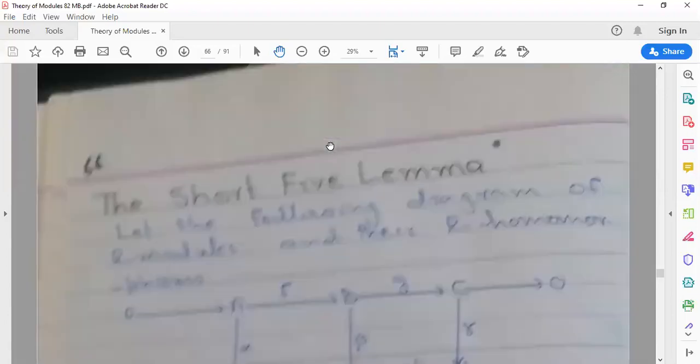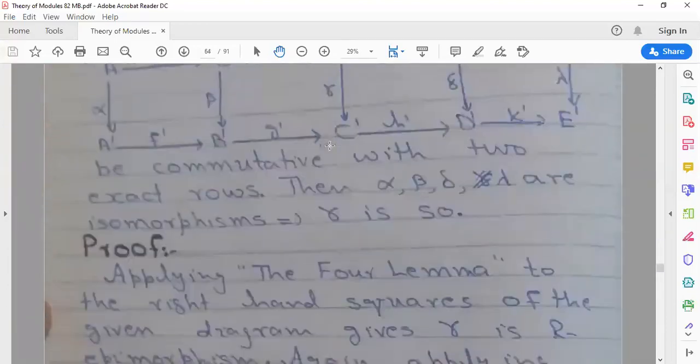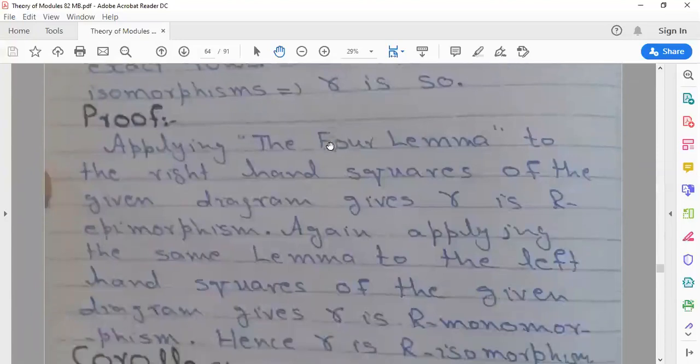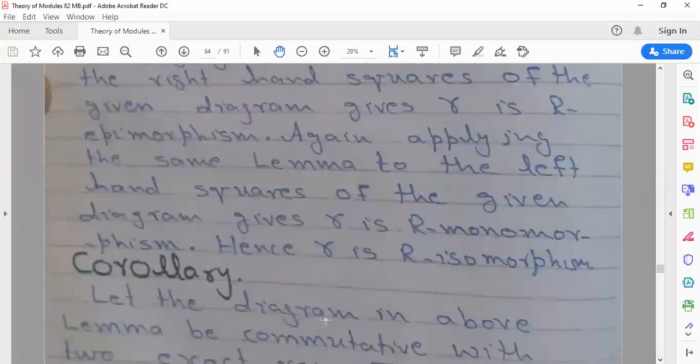So by the previous theorem, apply lemma 4 to the right hand square of the given diagram. Given gamma is an R-epimorphism. Again apply the same lemma to the left hand square of the given diagram. Gamma is an R-monomorphism, hence gamma is an isomorphism.